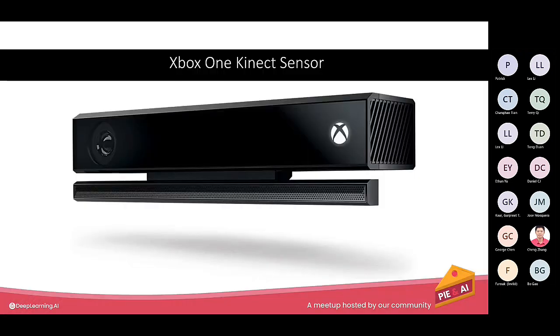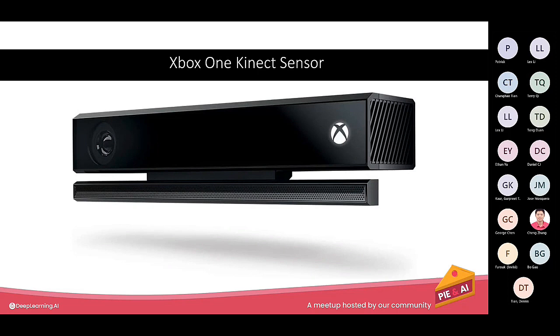So we're going to navigate through some of the products, and you can see this picture shows the Xbox One Kinect sensor. It's a big advancement in the computer vision area. With the camera on this sensor, it captures human gestures along with the human body.